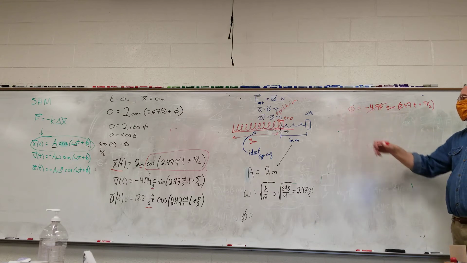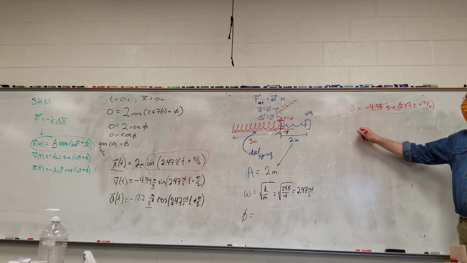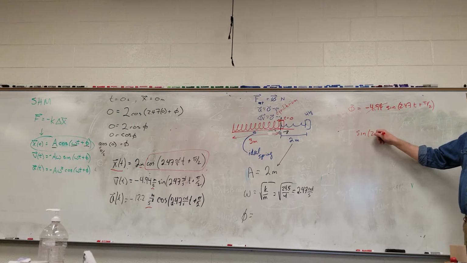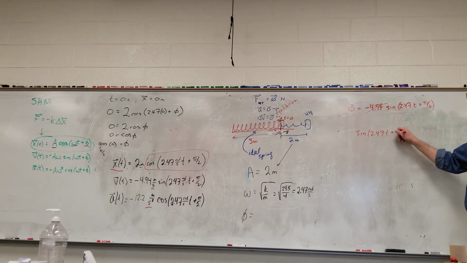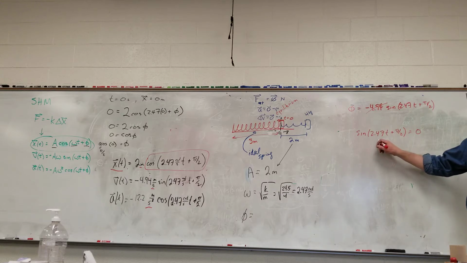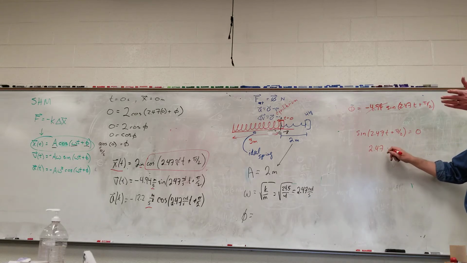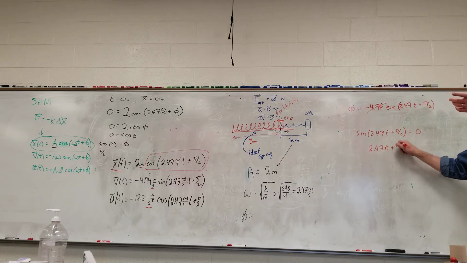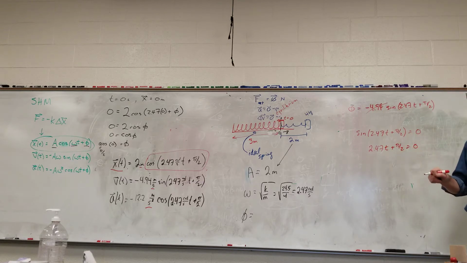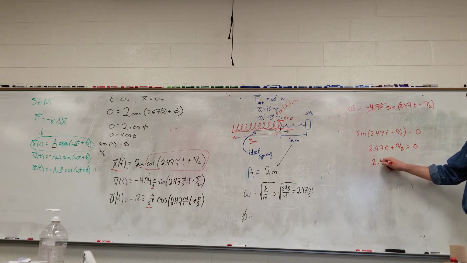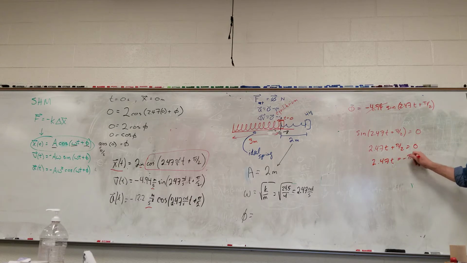We divide both sides by the coefficient, so we want to know when the sine of 2.47t plus pi over 2 equals 0, because sine of 0 is 0. And then the step that Kong had mentioned.